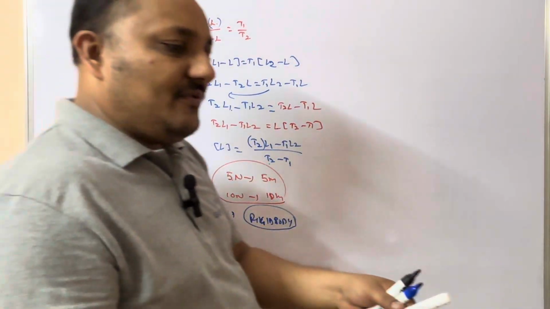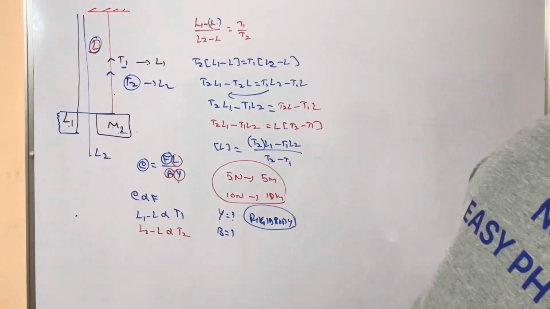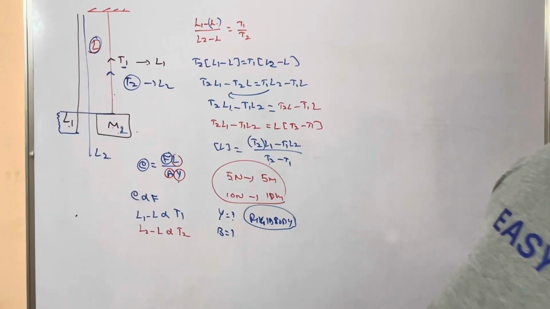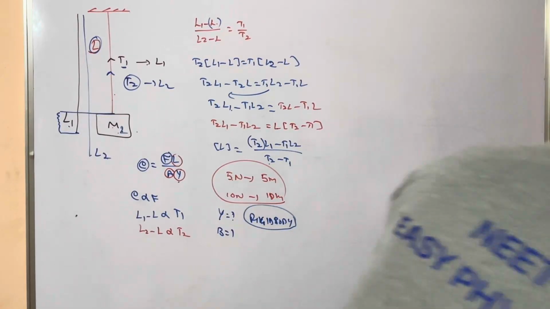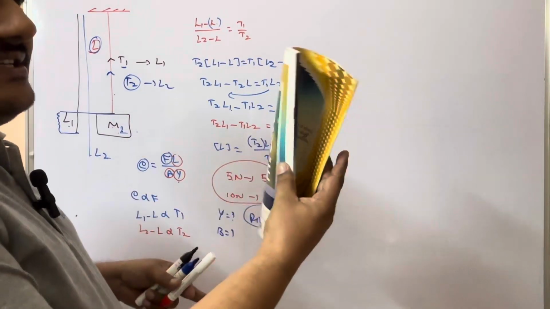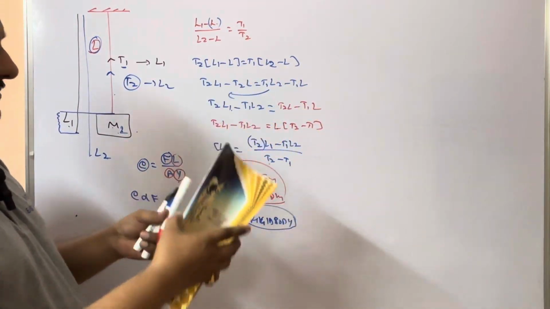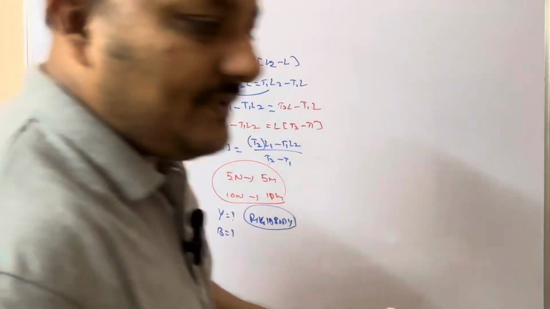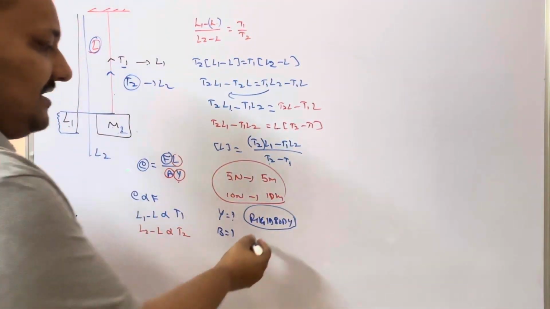But if I apply force on a book, it is going to change its original size and shape. If it changes its size and shape, it is not a rigid body. If it does not change its size and shape, that is a rigid body.